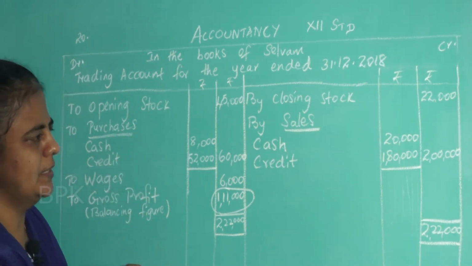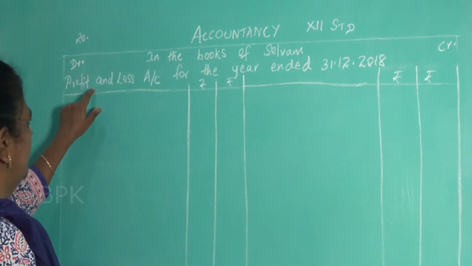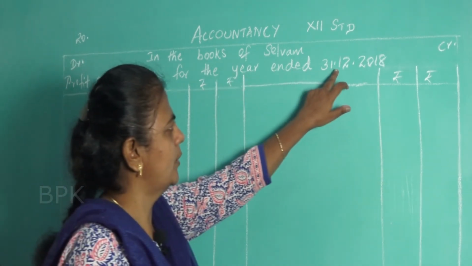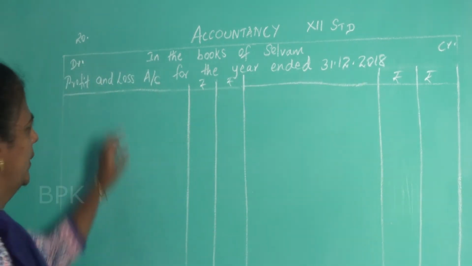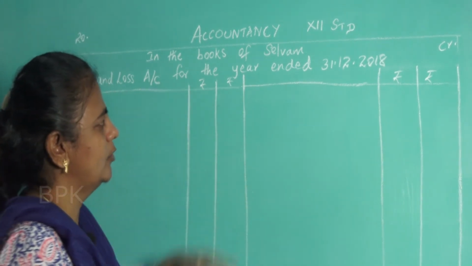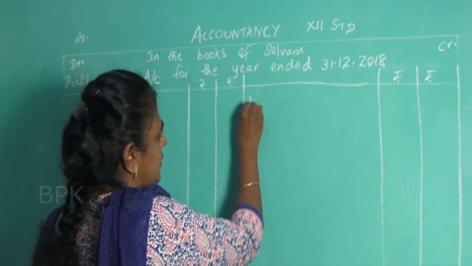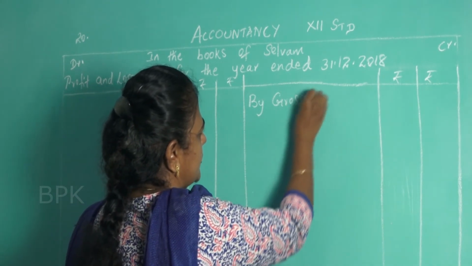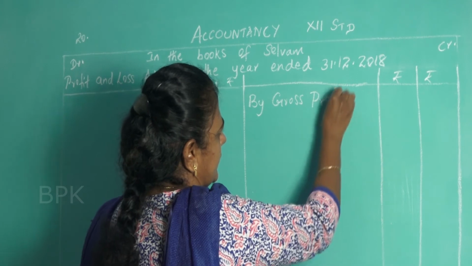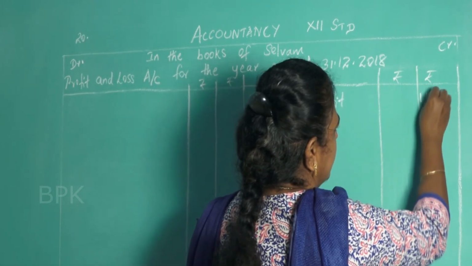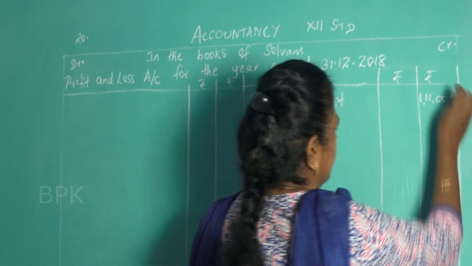Now, what do you have to prepare? You have to prepare the profit and loss account for the year ended 31/12/2018. When you come to the profit and loss account, what do you have to do? The first thing, you have to bring the gross profit from the trading account. So first bring that, by gross profit 1,11,000.